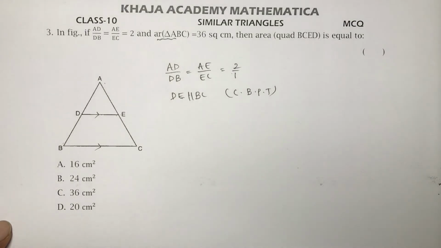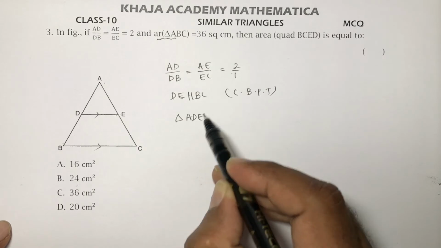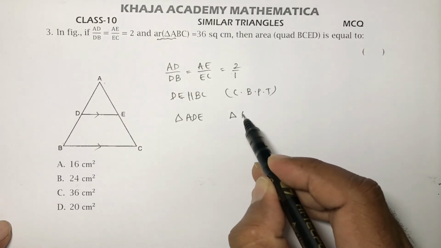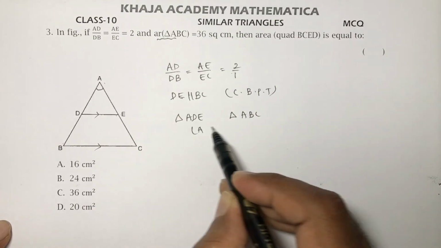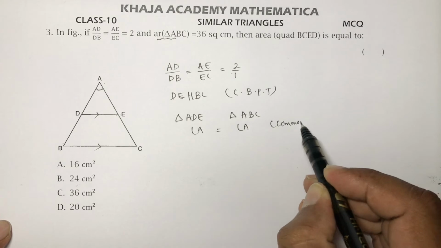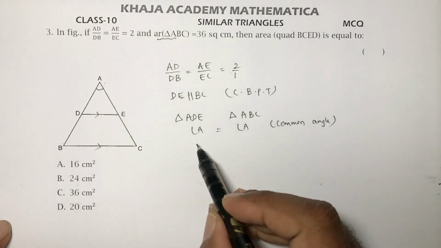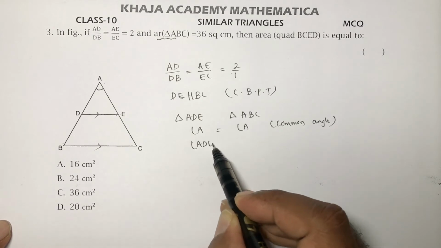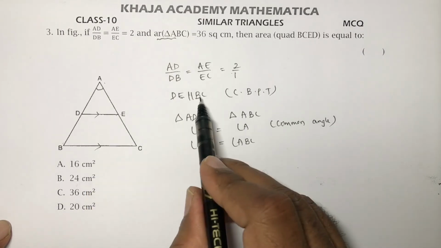Okay. Now see, triangle ADE and triangle ABC. Angle A is common. And angle ADE equals angle ABC, because just now we proved DE parallel to BC.